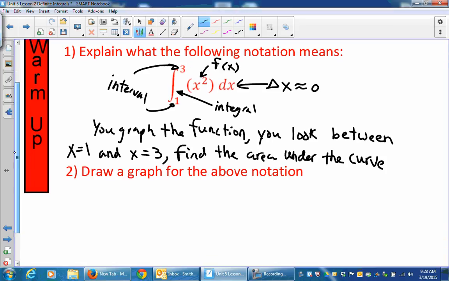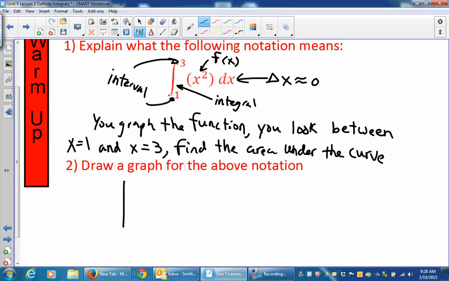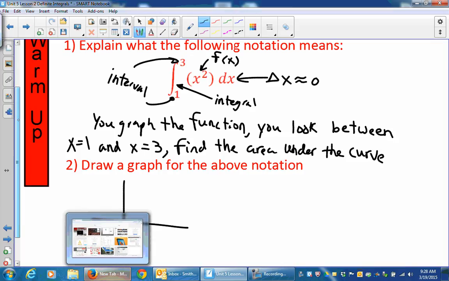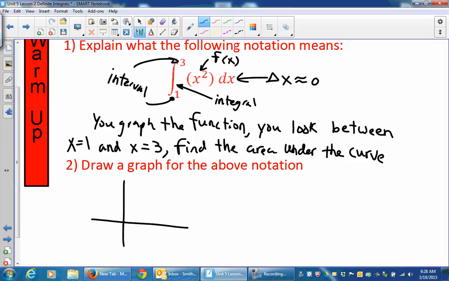So then we draw a graph. What function do you graph? Ron said it already. x squared. Sure. Right. And we're looking from 1 to 3, and we're trying to find that area.